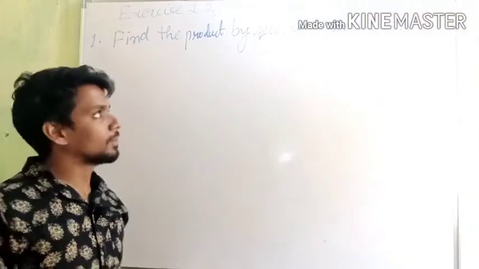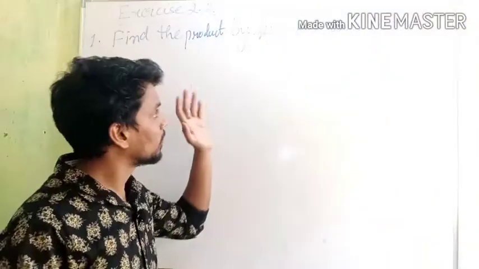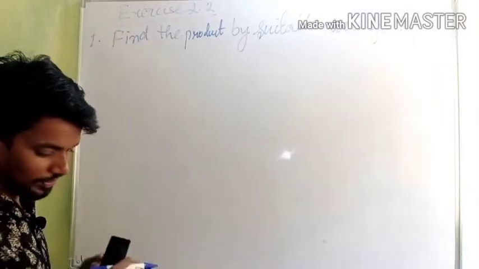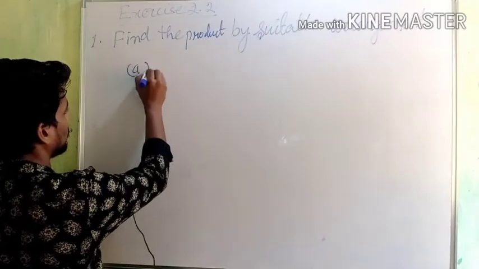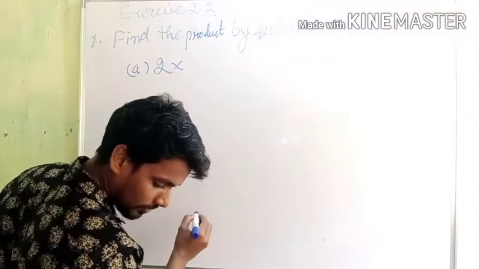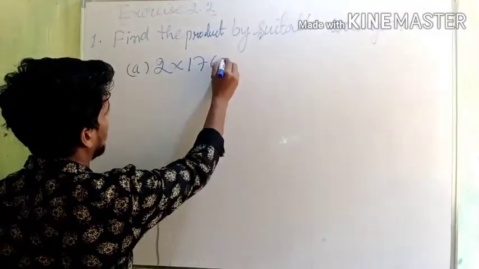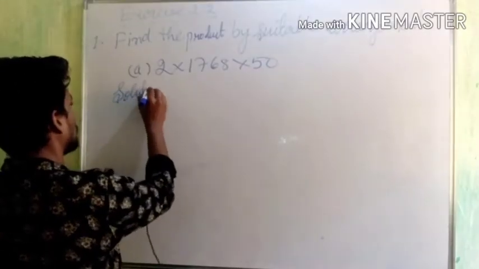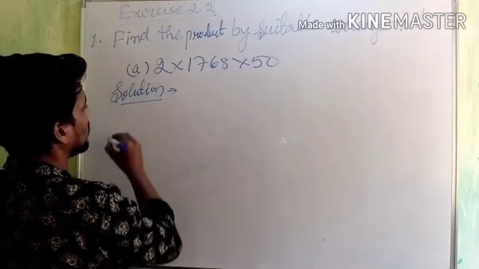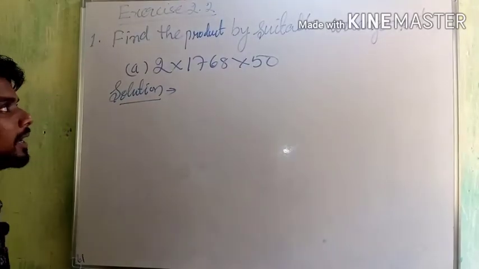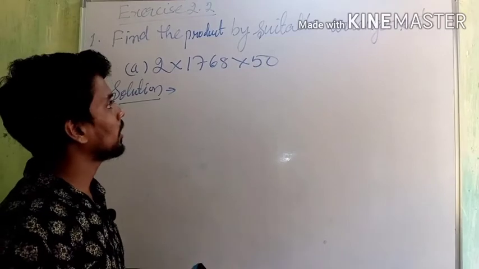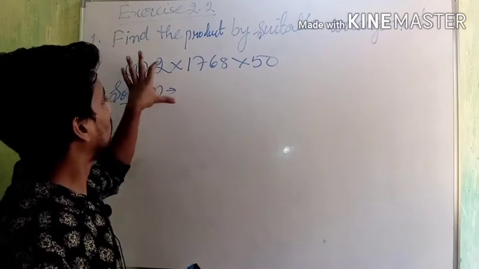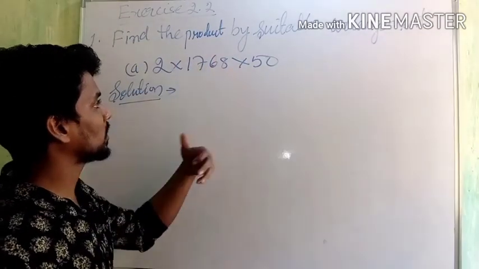The next question is: find the product by suitable arrangement. Product means we will be multiplying. The first question is 2 into 1768 into 50. By using the associative property, I have to solve it in such a way that I'll get a 100 or 1000 or something like that.